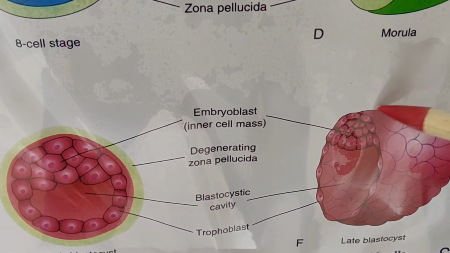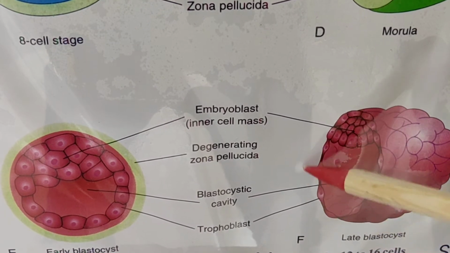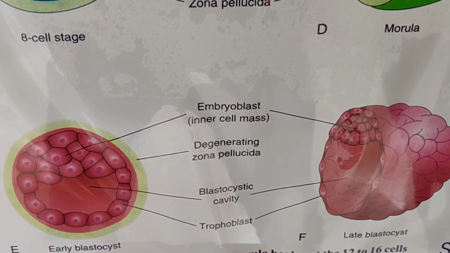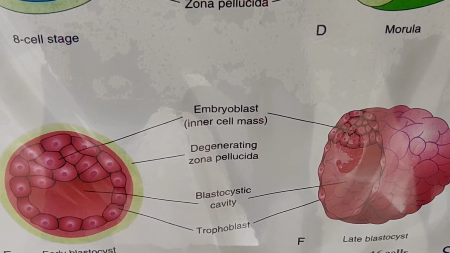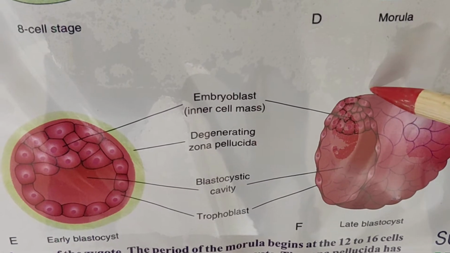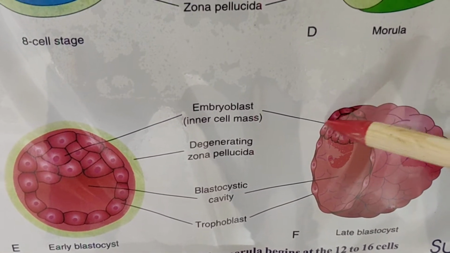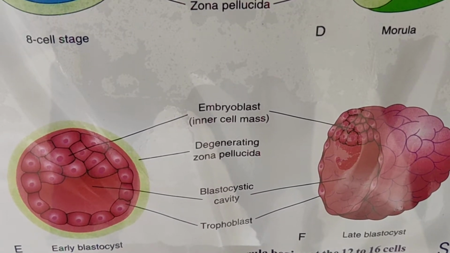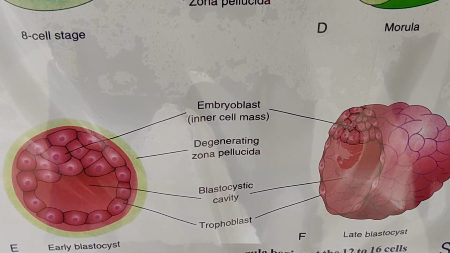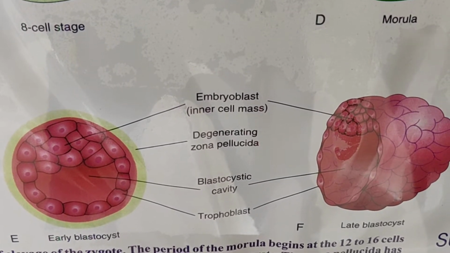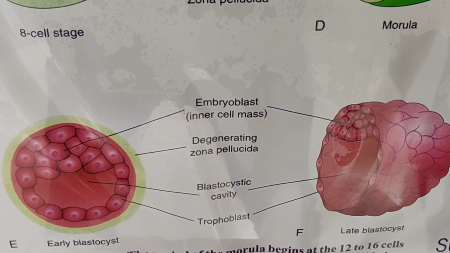Now in this diagram, the zona pellucida has disappeared, and this zona pellucida disappears on the 4th to 5th day of the fertilization. Means on the 4th to 5th day of the fertilization, there are two changes: the formation of the blastocyst and the disappearance of the zona pellucida.